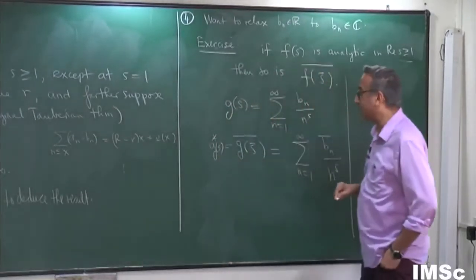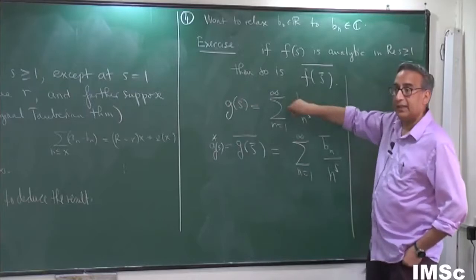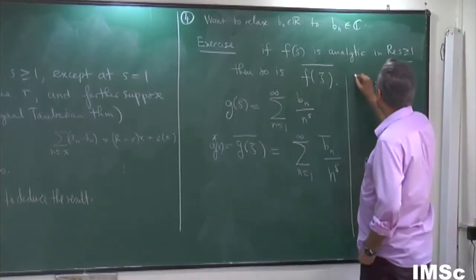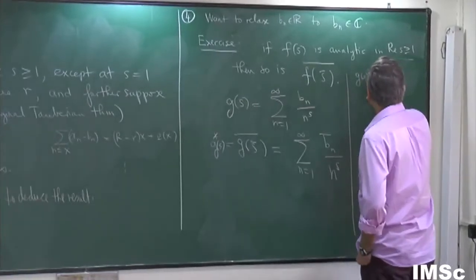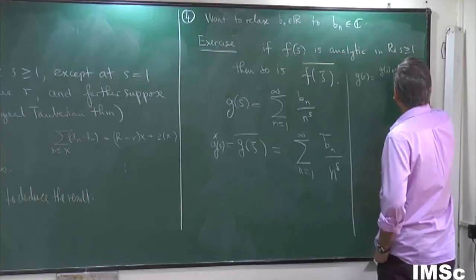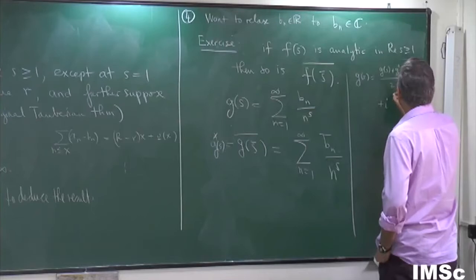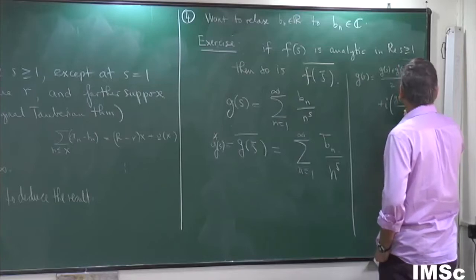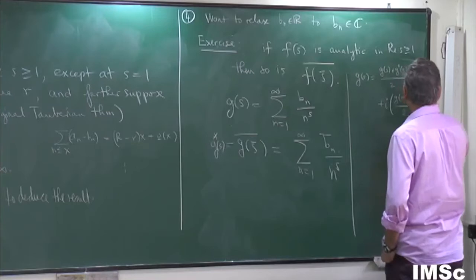G star will be the one with the complex conjugates. Then G of s can be written as G of s plus G star of s, plus i times G of s minus G star of s, over 2. Is that correct?